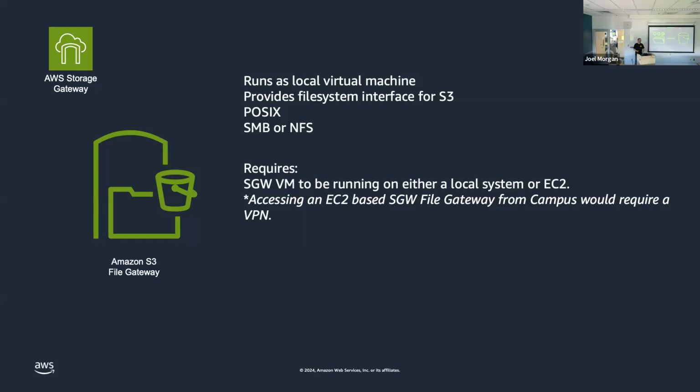So what we do is we translate the POSIX permissions and put them in the metadata of your S3 objects. If you have no idea what any of that means, doesn't matter. You don't really have to care about it. It's just informational. Long story short is if you have permissions on the files in your file system and you copy them to S3 via a file gateway, it's going to keep most of those permissions.